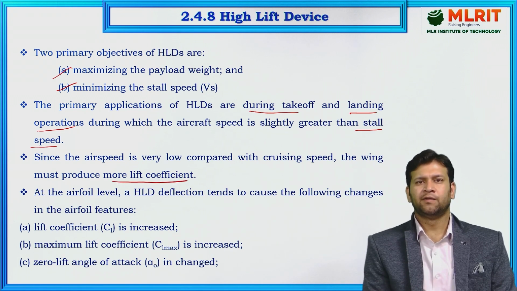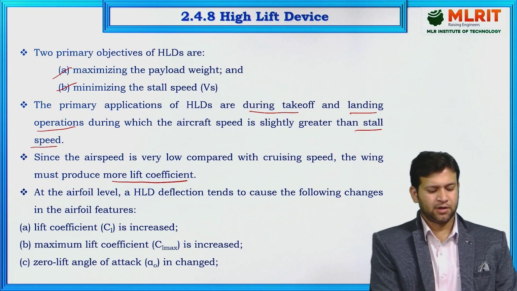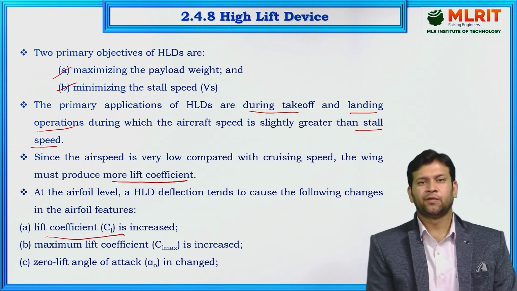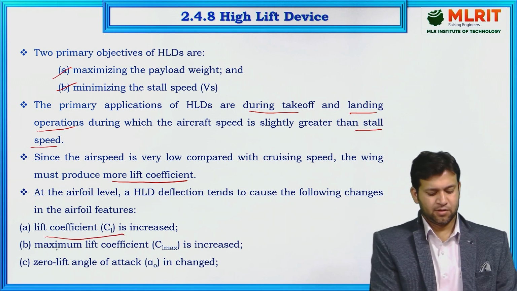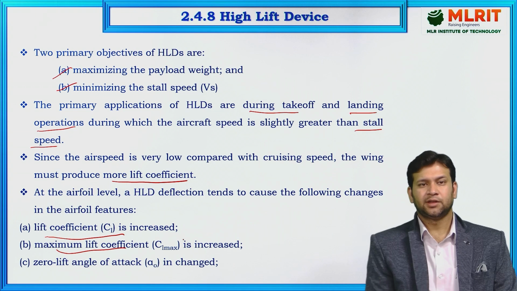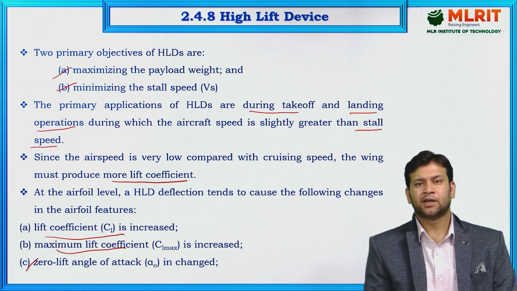At the airfoil level, a high lifting device deflection tends to cause the following changes in the airfoil features. First one, lift coefficient is increased, maximum lift coefficient is increased, and zero lift angle of attack is changed.